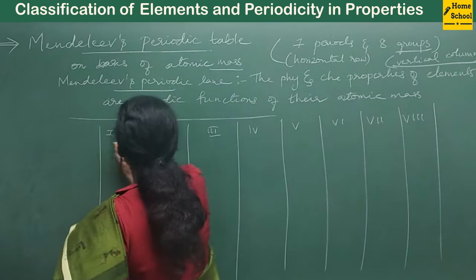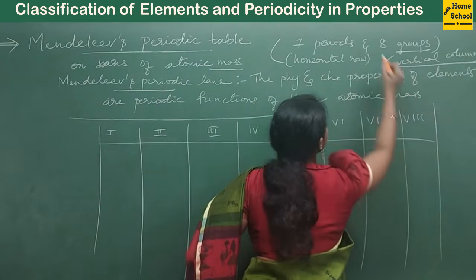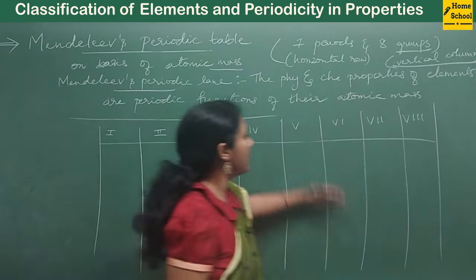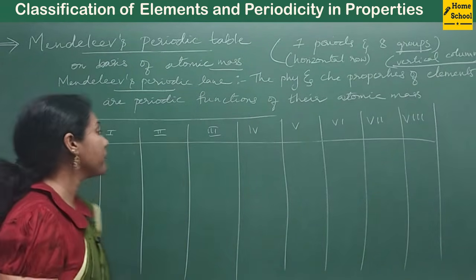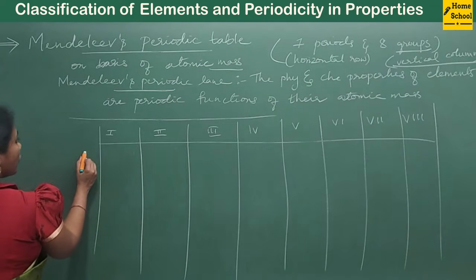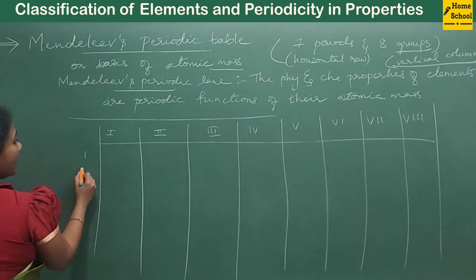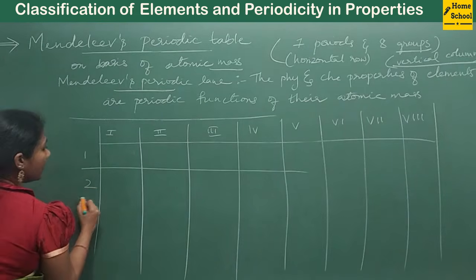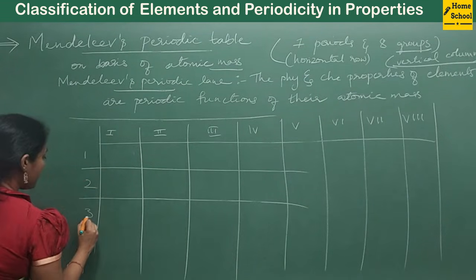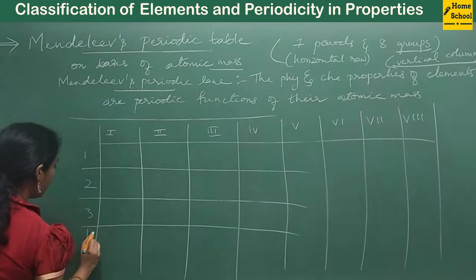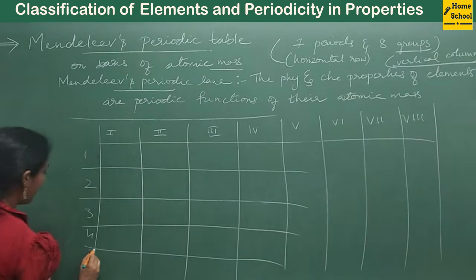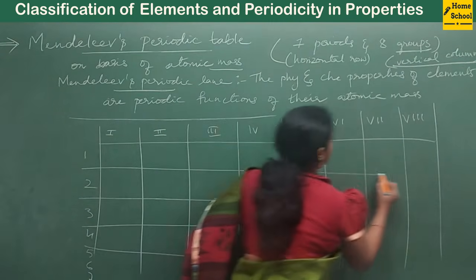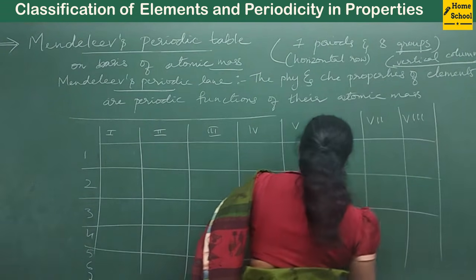Like this, there are 8 groups, 8 vertical columns in Mendeleev's periodic table, and 7 horizontal rows. So this is period number 1, period number 2, 3, 4, 5, 6, 7, like that. So very roughly I am showing you, right?